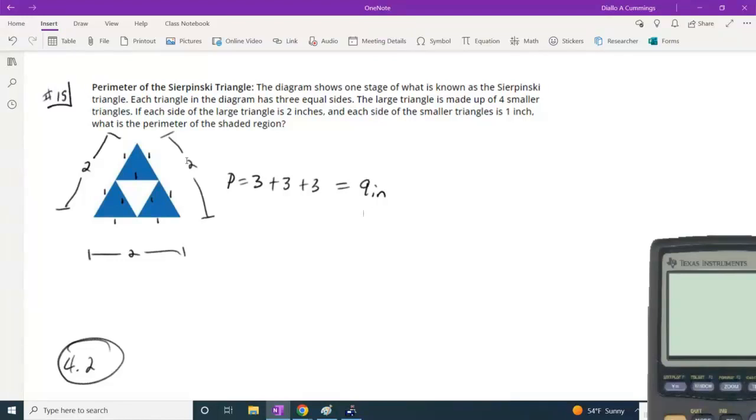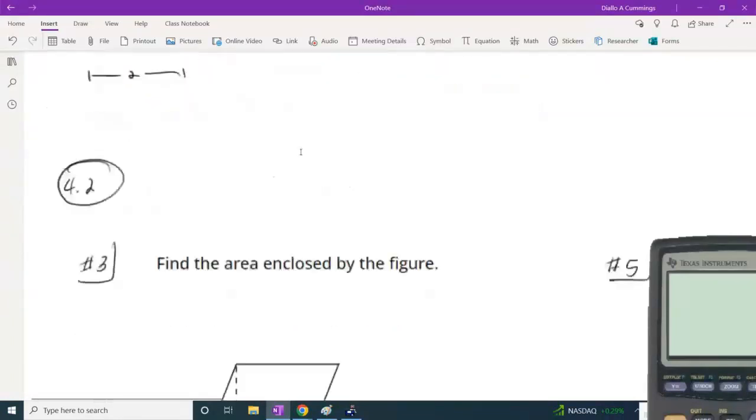I wouldn't be like, well, I'm going to need fence to go on the inside. No, I just need fence to run along the outside of it. That's right. But if you were thinking about that fence concept, it would want the fence around this triangle, around that triangle, and around that triangle. Yeah, it's just that they're touching together. Okay. All right, that was number 15.